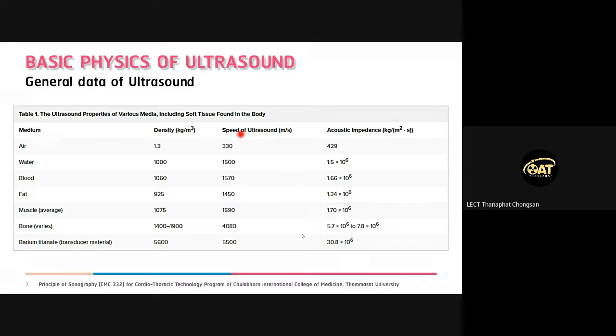For soft human tissue such as blood, fat, muscle, and bone, it is around 1,500 to 1,590. The unit is meters per second in human tissue.